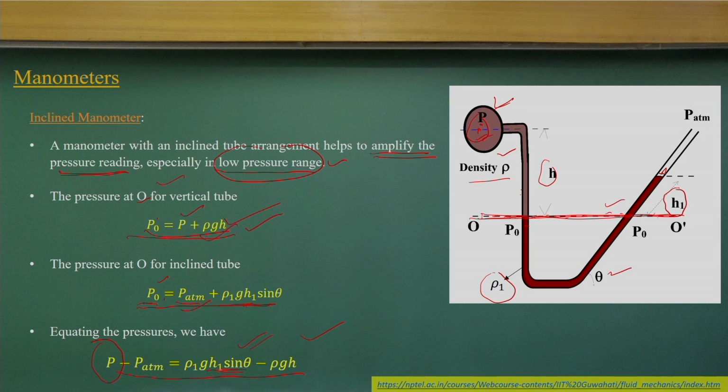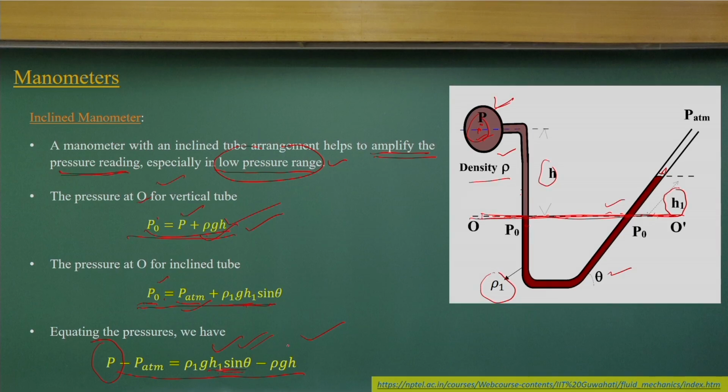So, you only have to remember to consider a horizontal surface, and most of the time it is the interface between two liquids. At that surface you just equate the pressures at the two points to derive the pressure equations.